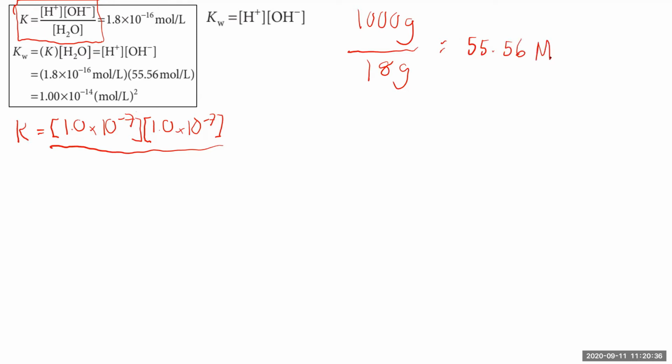So that's the concentration of water. So we have here 55.56 molars per liter.